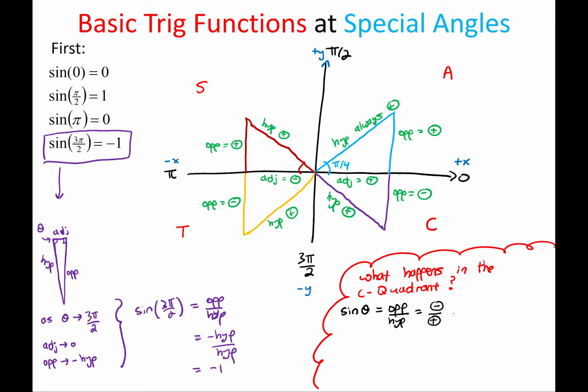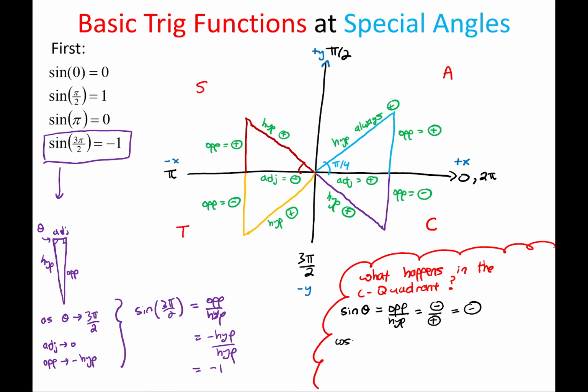Hypotenuse is always positive, so we're going to get a negative output. It doesn't matter what the angle is inside that quadrant. As long as it's between 3 pi over 2 and 2 pi, then the sine of an angle in there is going to be negative.